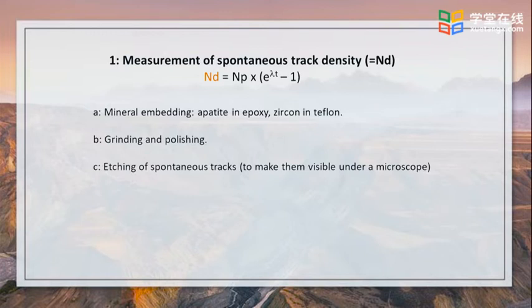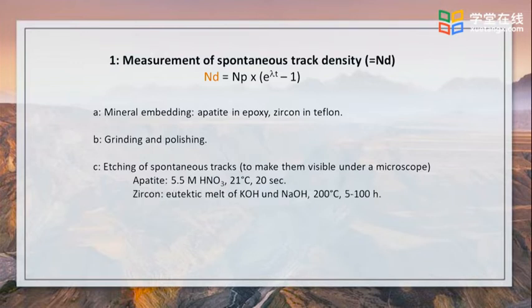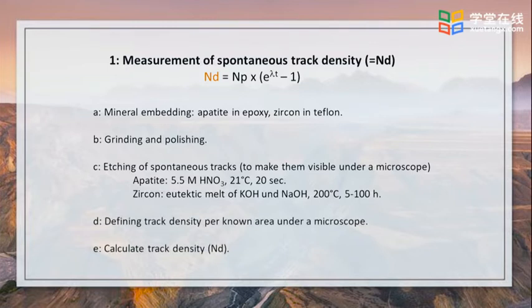Fission tracks in apatite can be selectively dissolved and enlarged by etching in dilute nitric acid, whereas zircon requires more rigorous etching conditions. Finally, track density per known area is determined under a microscope and calculated.